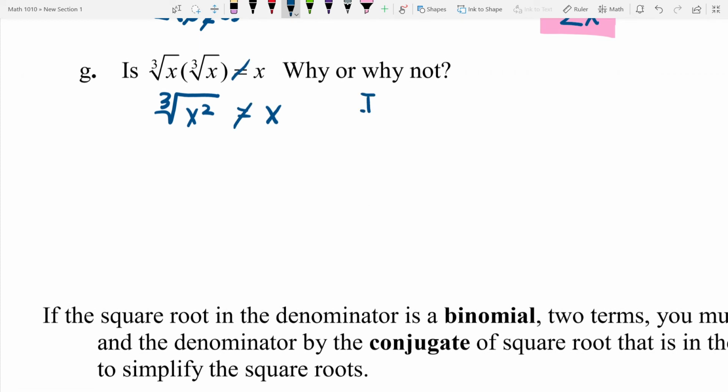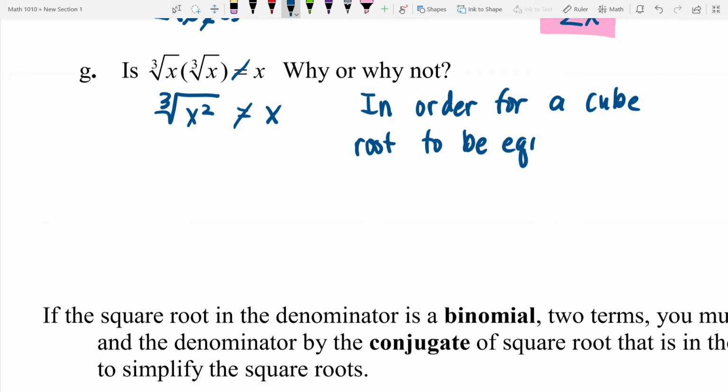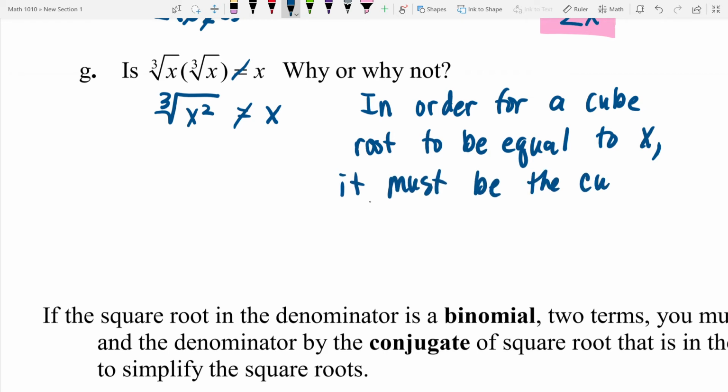I would say in order for a cube root to be equal to x, it must be the cube root of x to the third power. I don't have 3, I only have 2, so that's not it.